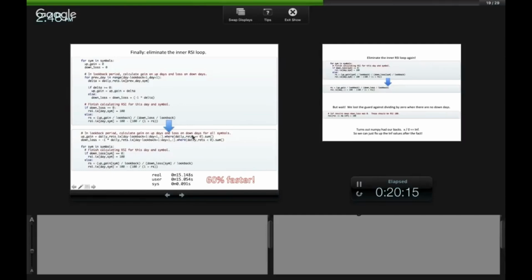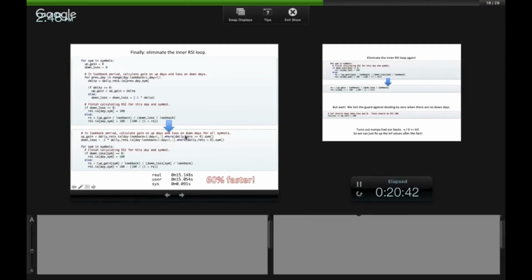And that where clause can contain any Boolean that refers to an array of the same size as the one that you're slicing. So in this case, I can get all my up gains at once by saying, here's a slice of the look back period, but I only want the elements where that element is greater than or equal to 0, and then sum those.